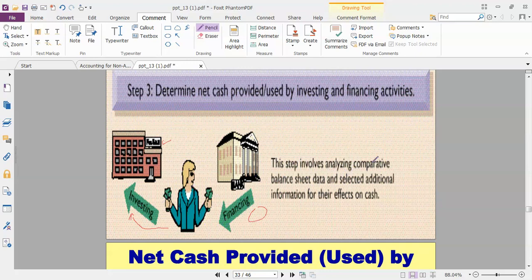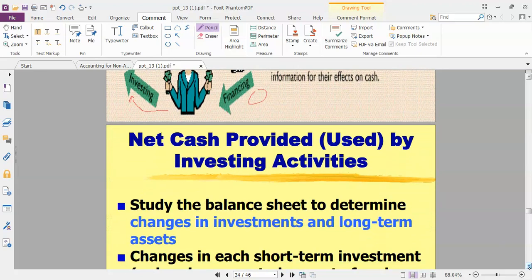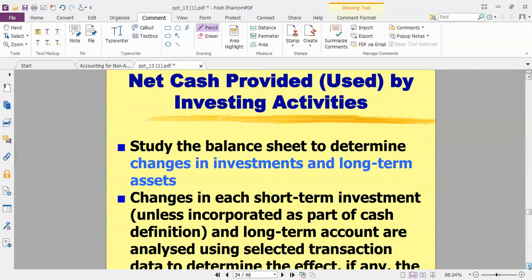The steps involve analyzing comparative data and selected additional information for their effects on cash. In investing activities, it studies the balance sheet to determine changes in investment and also long-term asset. Long-term asset is another term for non-current asset.